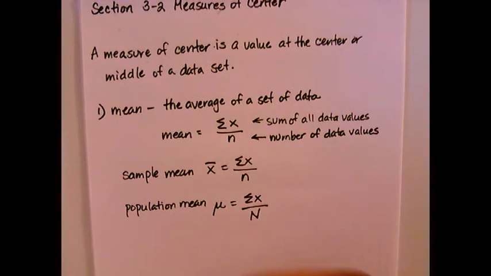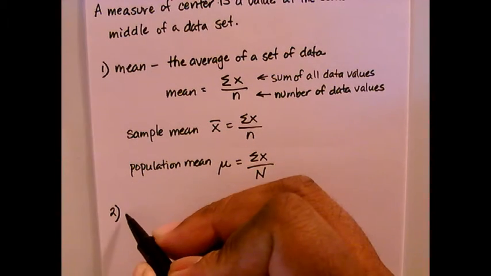Now, the second measure of central tendency is the median.